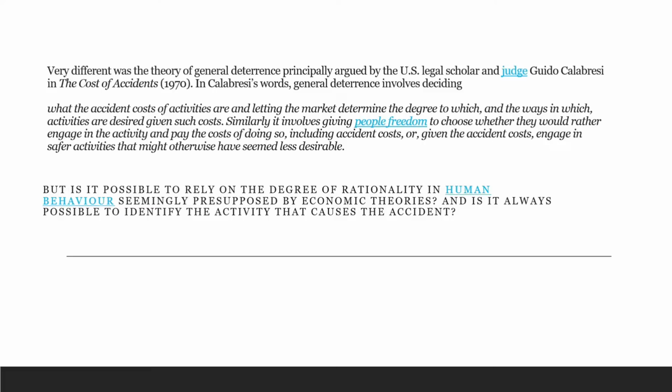Similarly, it involves giving people freedom to choose whether they would rather engage in the activity and pay the costs of doing so, including accident costs, or, given the accident costs, engage in safer activities that might otherwise have seemed less desirable.